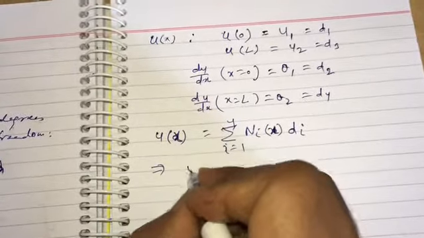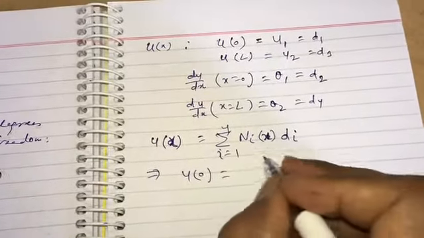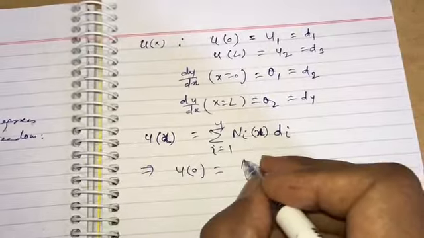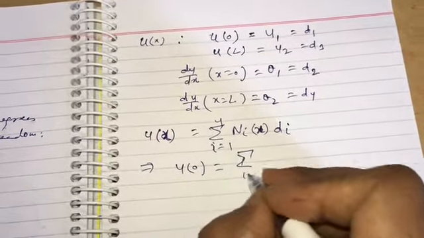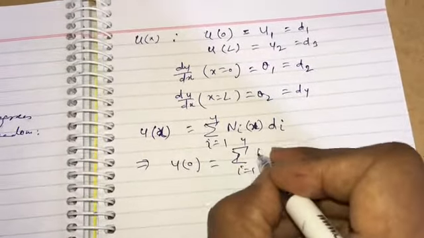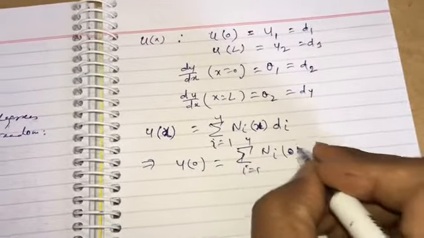That really means u at 0 has to be equal to summation i equal to 1 to 4 of Ni(0) di.